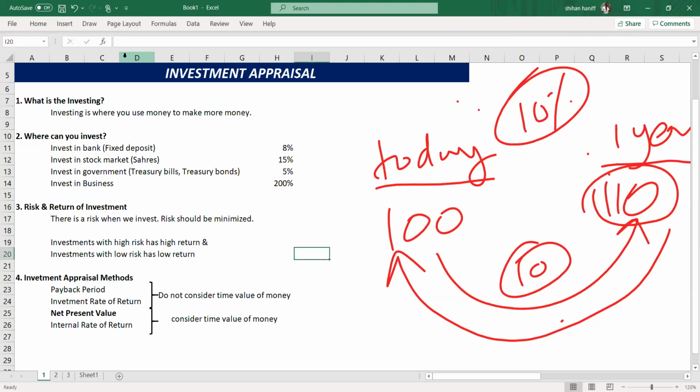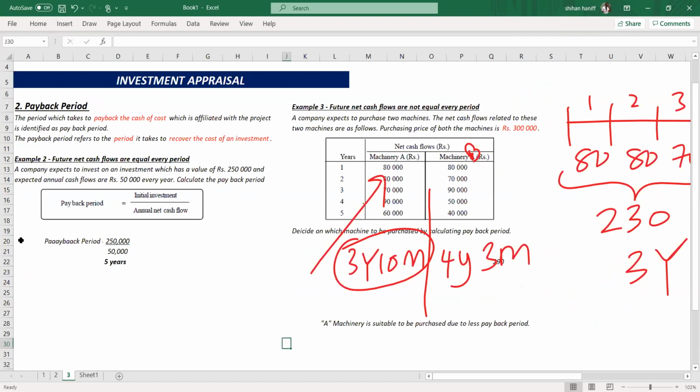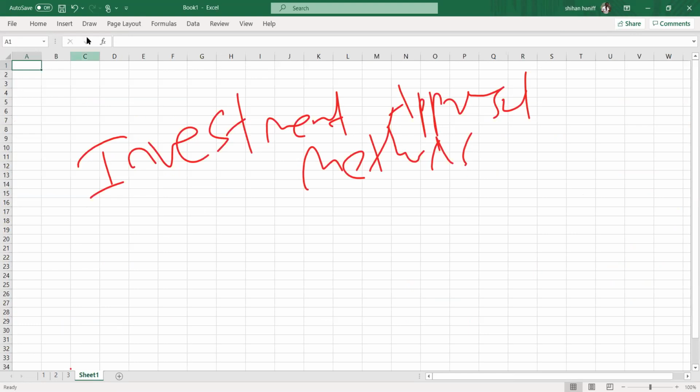Right. So I'll explain the example from this. There is a question. Can you explain again? Yes, I'll explain that again.